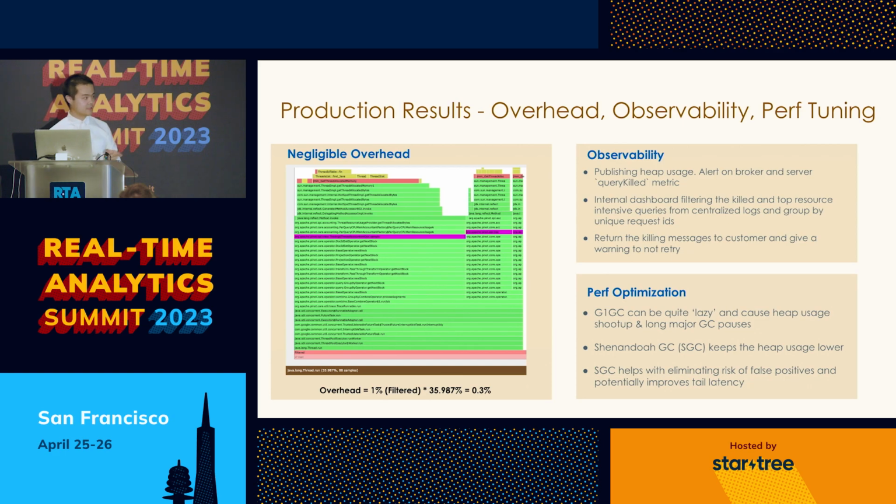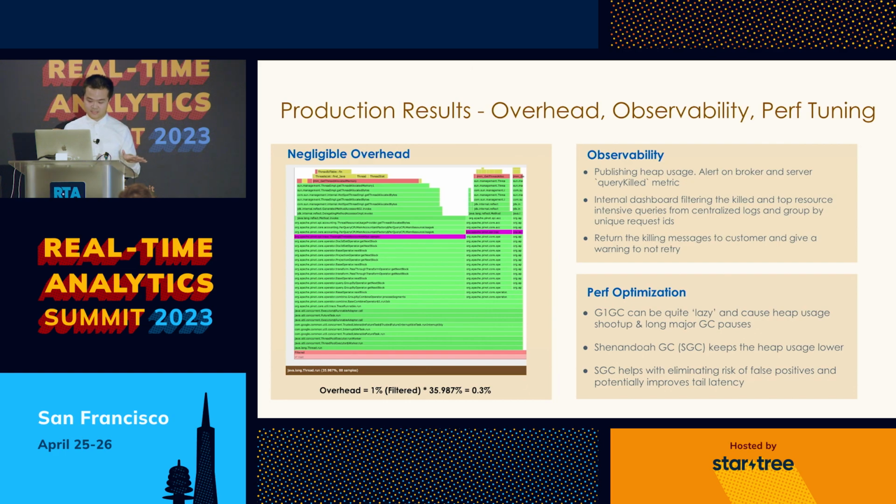We also identified performance optimization opportunities during our rollout of this feature. We found our deployment of G1 GC can sometimes be quite lazy in recycling the dereferenced objects on the heap.